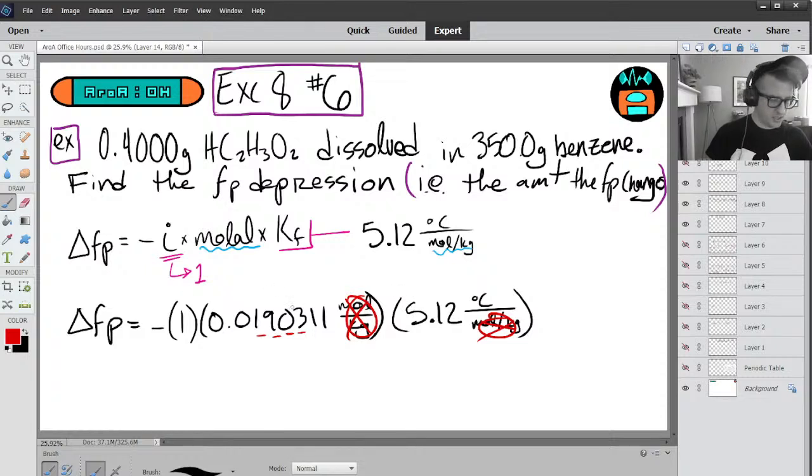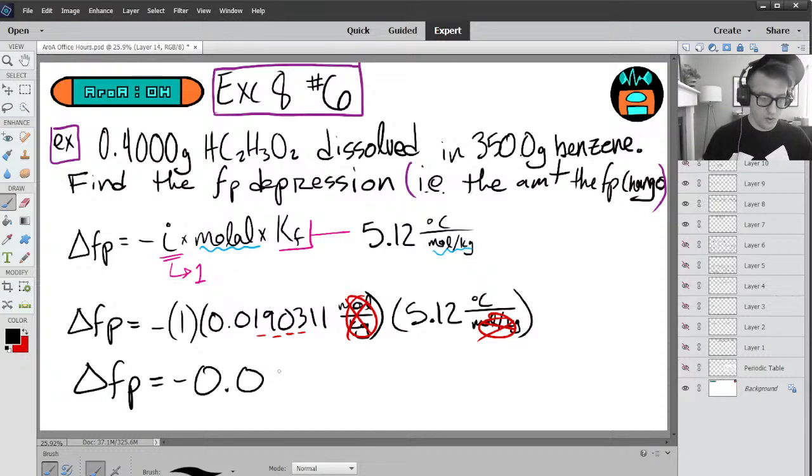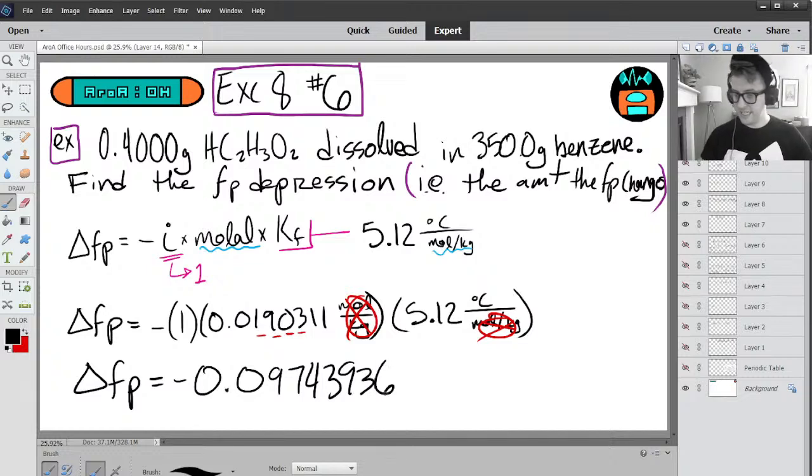So we multiply these two, or 3, I guess, because we are multiplying by 1, numbers together. And our change in freezing points will be equal to negative 0.097439336.